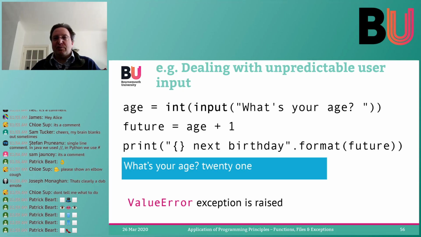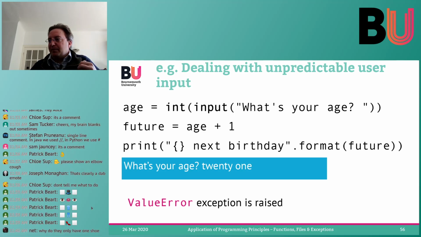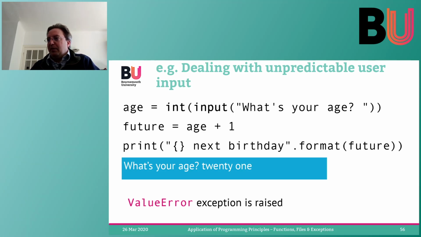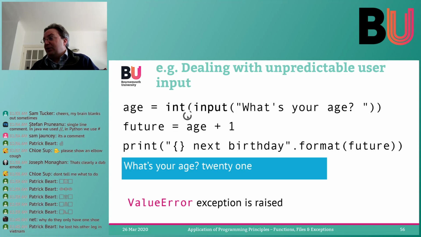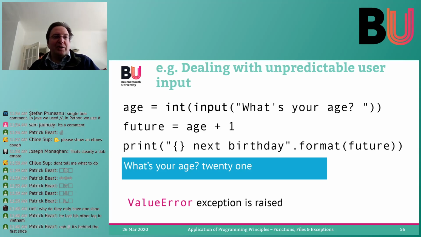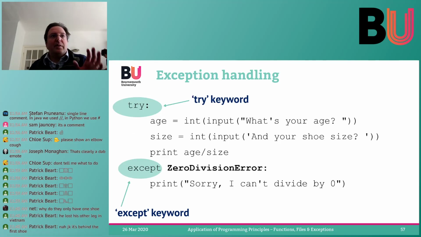The int function will say, I can't handle this, you have to do it in a different way. So instead, what the int function does here is it will actually throw an exception. In this case, it would be a value error.